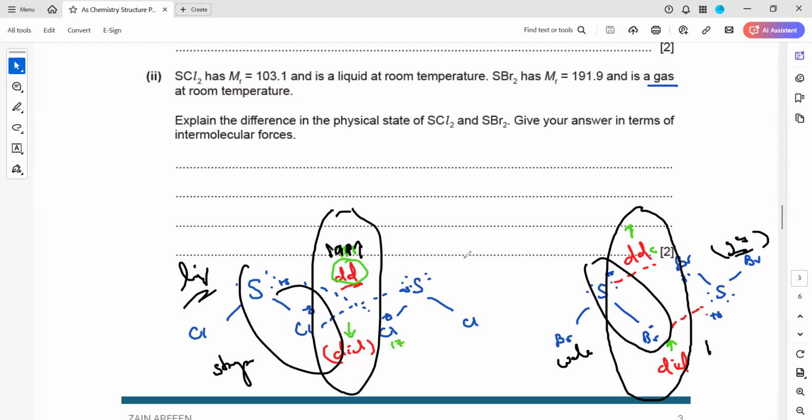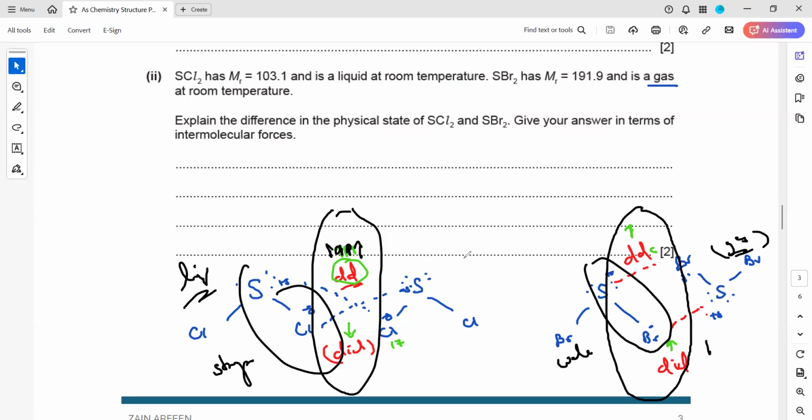Got it? Is it clear? So you have to relate. You cannot say only dipole-dipole or only dipole-induced dipole. You have to relate these two forces. Look, in SCl2, stronger dipole-dipole force and weaker dipole-induced dipole.